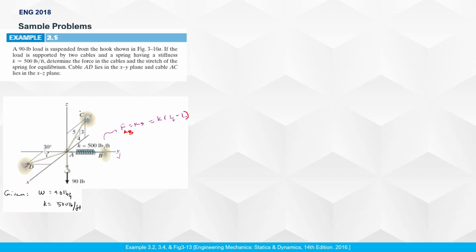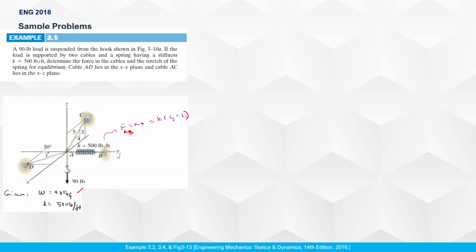Let's read the problem. So we have a 90-pound force load. It's suspended from the hook shown below. So we have a 90-pound here. We already have the weight. Check. If the load is supported by 2 cables and a spring having a stiffness of 500 pound per foot.